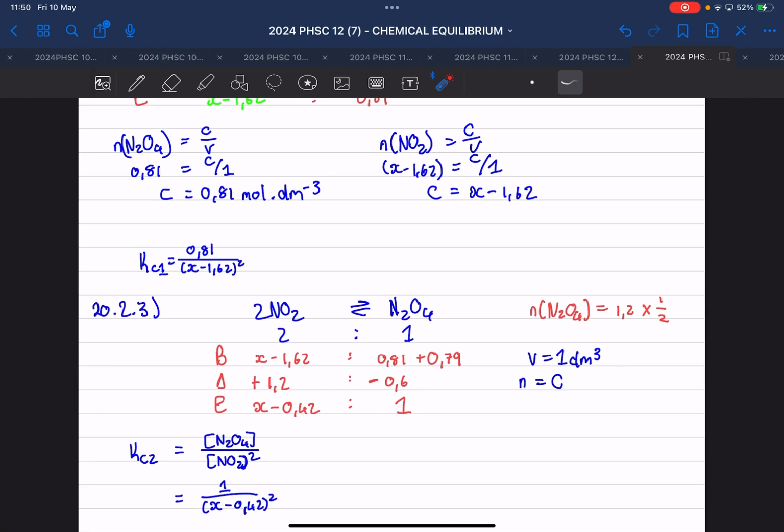So this one is our product, this is our reactant. Why wasn't this one on top of this one? Because we have the 1.2 here, because they tell us that there's 1.2 moles more inside our NO2. Yes, so we add the 1.2.